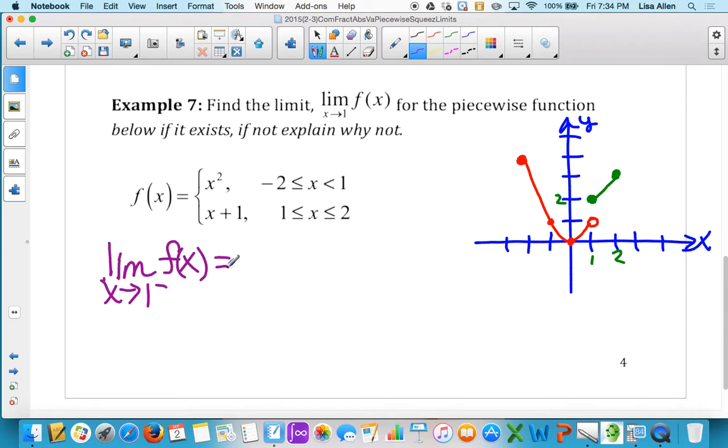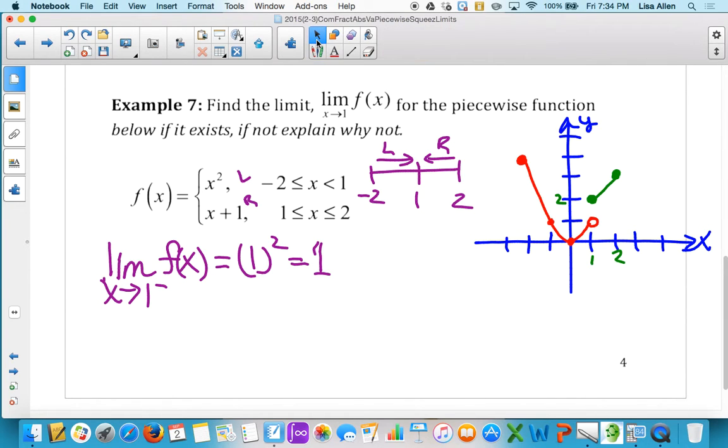Well, here I'm seeing here's -2 to 1, and then 1 to 2, right? So this is definitely the left portion, and this is the right portion. So I'm going to say, okay, here's the left hand, here's the right hand, and all I'm going to do is say, okay, I'm approaching 1, then it's going to be 1 squared, which is 1.